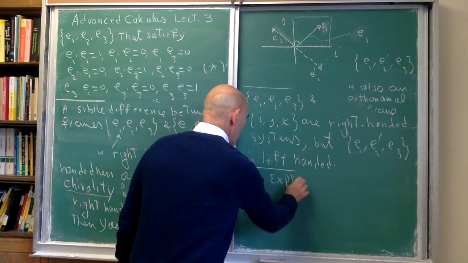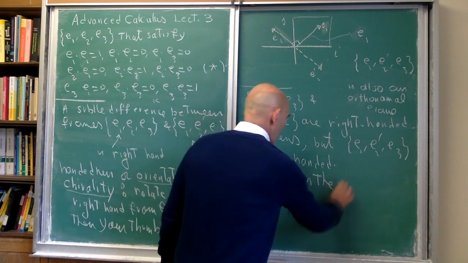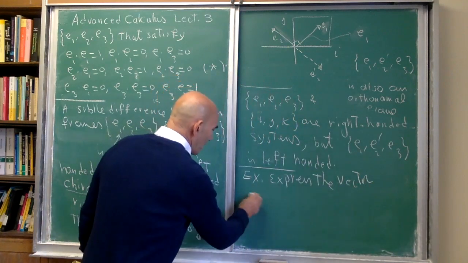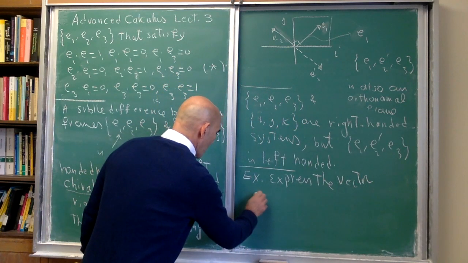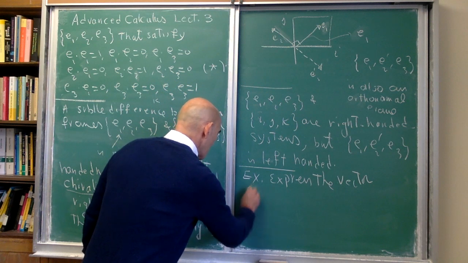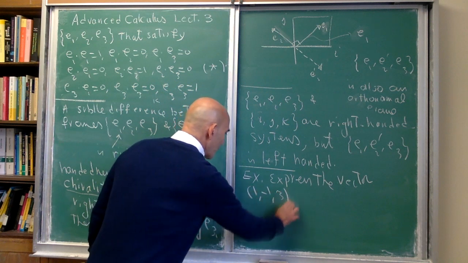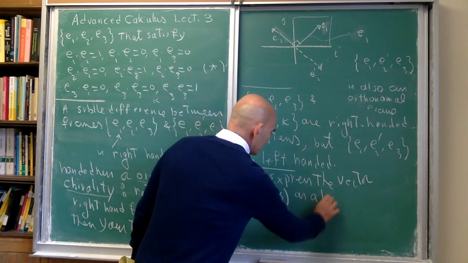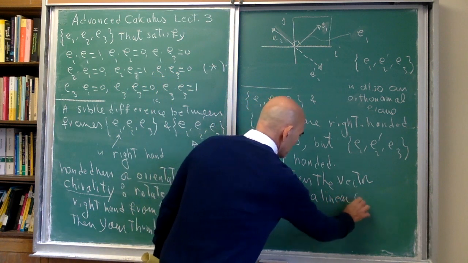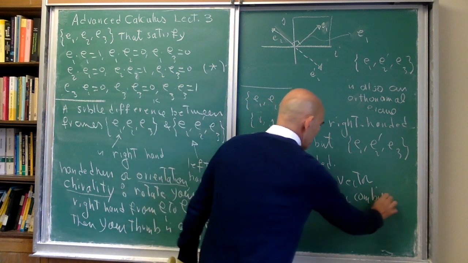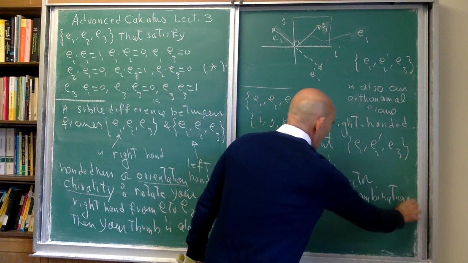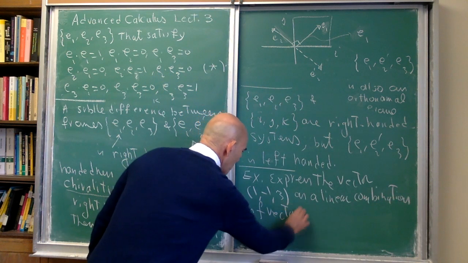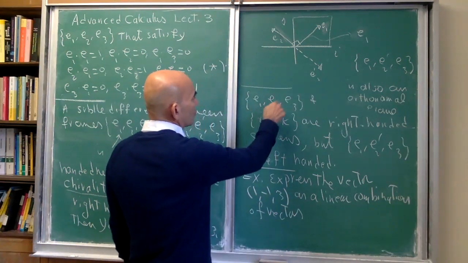Express the vector, say, I just call this vector 1, minus 1, 3 as a linear combination of vectors E1, E2, E3.